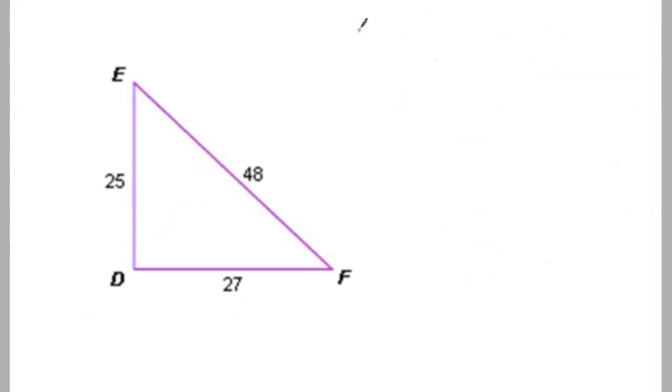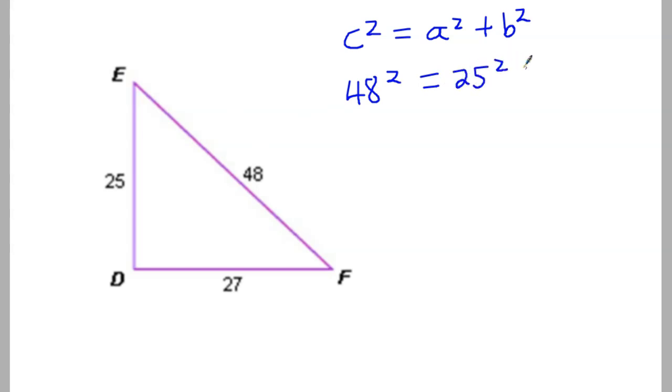Pause. Okay, so formula c squared equals a squared plus b squared. We got 48. This is the longer side. Squared equals 25 squared plus 27 squared. 48 times 48 will give us 2,304.